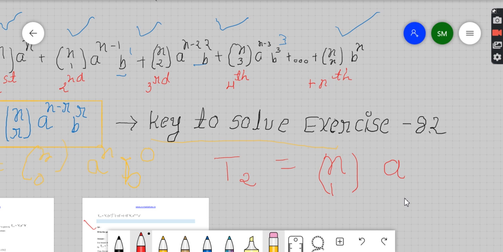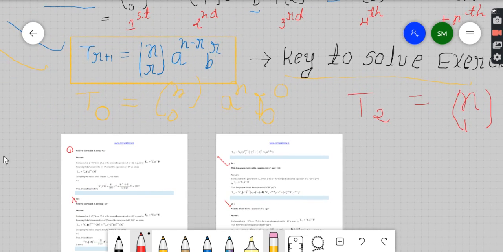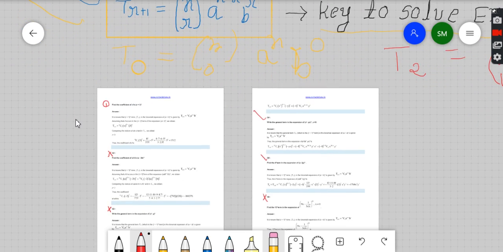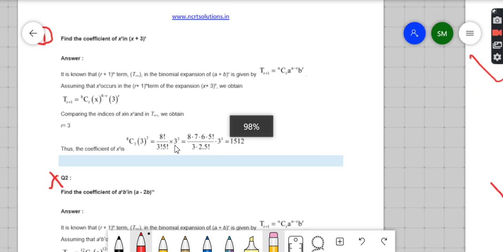Similarly, a raised to n minus 1, because r equal to 1. b raised to r equal to 1. So this is your second term, and so on. So very easy to understand. Okay, now let us go to direct application of this term or this expansion or this formula.